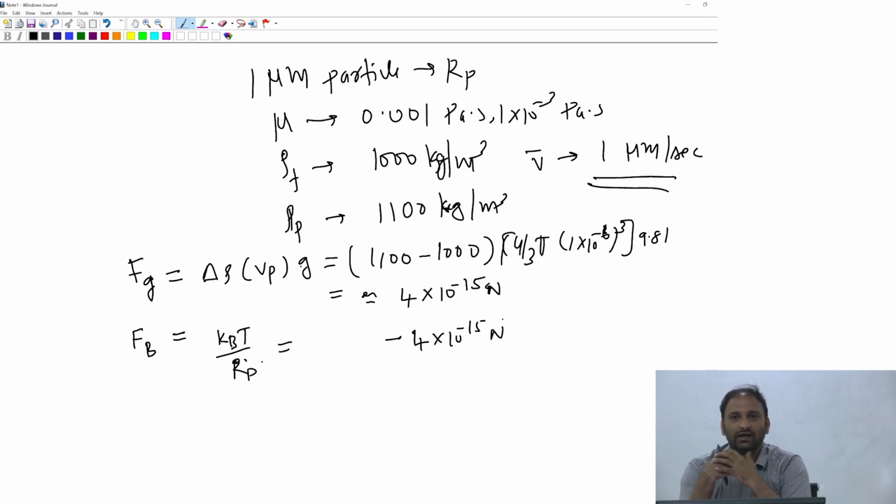If instead of 1 micrometer I take a 10 nanometer particle, obviously you will see that your Fb, which is the Brownian force, is going to be much greater than F gravity.